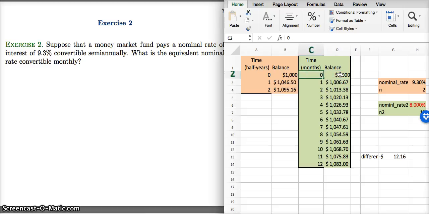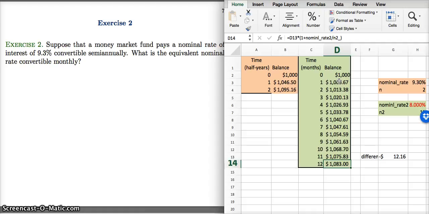I do my timeline in months, so 1 year corresponds to t equals 12, and at the end of each month I add in interest, which I get by multiplying the previous balance by 1 plus the nominal rate divided by 12. I do that all the way down to the end of the year. If the nominal rate was 8% convertible monthly, then my ending balance would be 1,083.